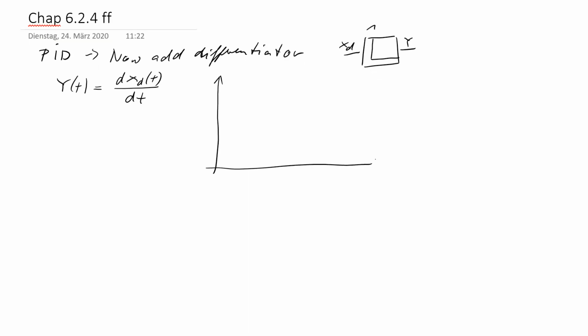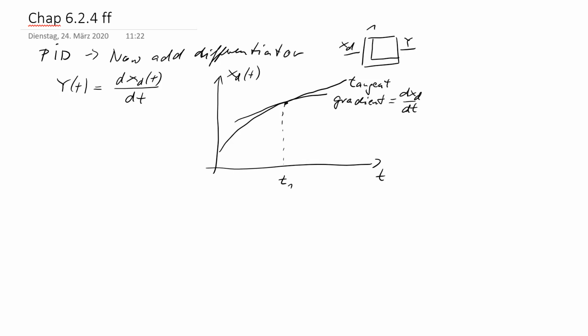I make a diagram of the input signal, and maybe the curve looks like this, and if we are at the actual time t, say t1, then we know the derivative indicates the tangent gradient. It's a tangent, and the slope of the tangent is exactly this xd over dt, the quotient dxd over dt.